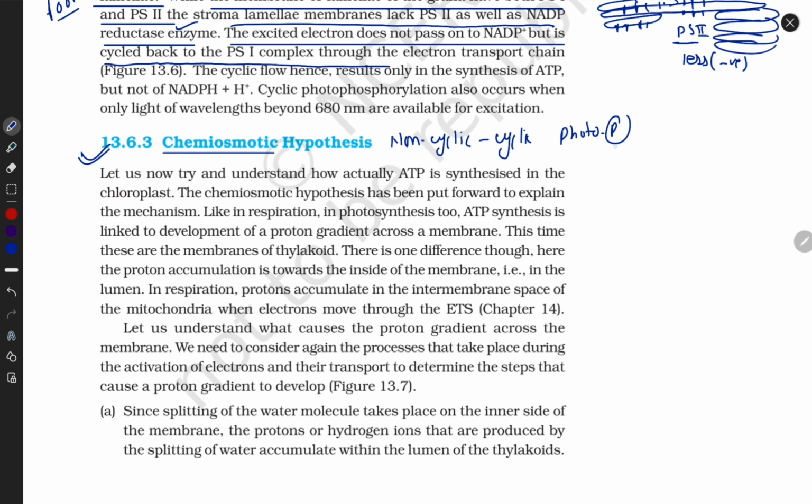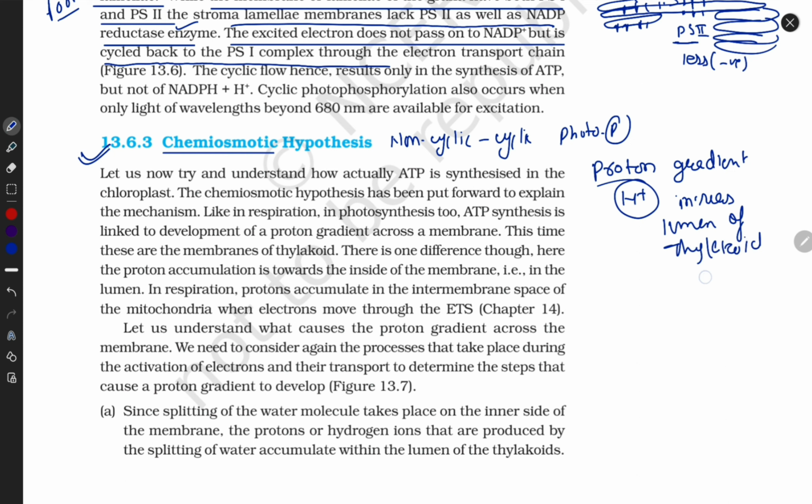They introduce a new term, proton gradient: H plus increases in the lumen of the thylakoid membrane. Again they describe non-cyclic and cyclic photophosphorylation and the proton gradient.